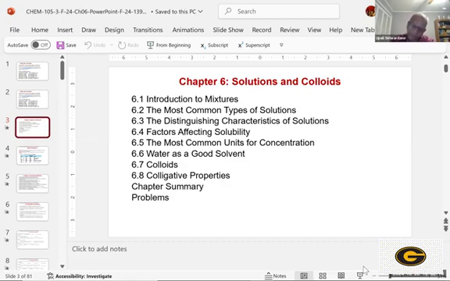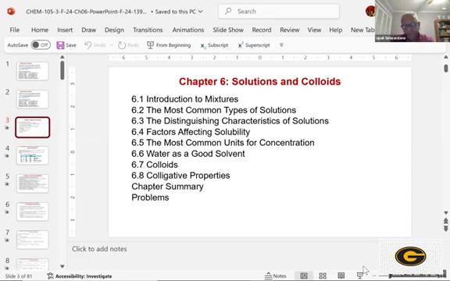Since mixtures have two components, we have to come up with the concentration. You cannot just use moles. They are not pure substances. So in proportion to one compound, the number of moles of other compounds is given as concentration.